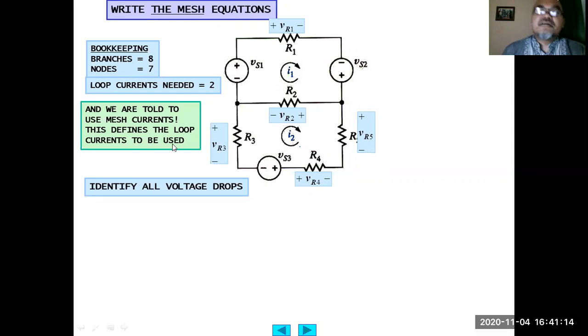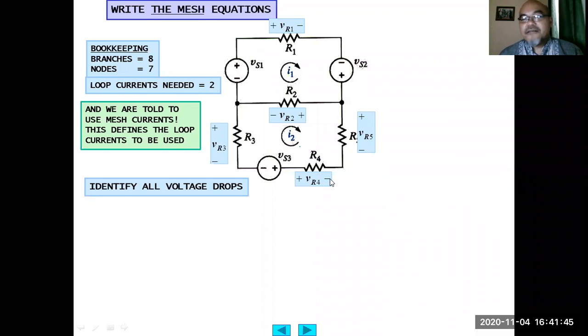But to be easy, you use the passive sign convention. For example, for R1, the current I1 should enter the component from the positive polarity terminal, so you assign positive to the left part of R1 and negative to the right part. Similarly with I2, the second mesh current: you assign positive for R5 here, negative here.